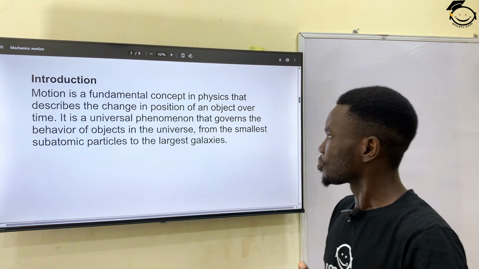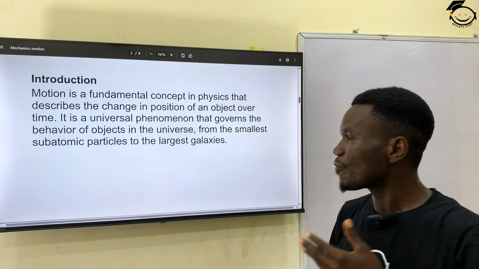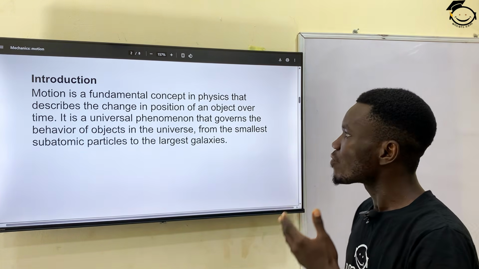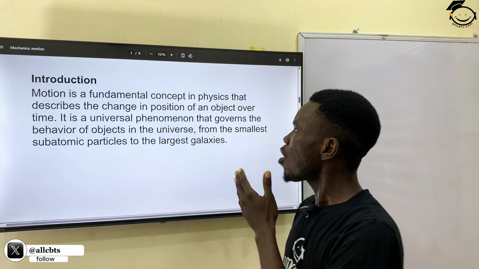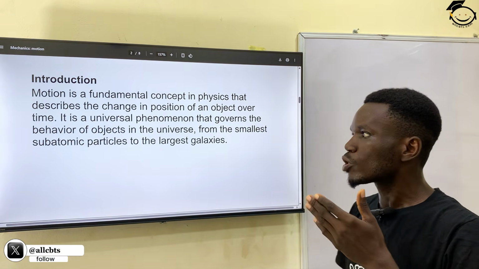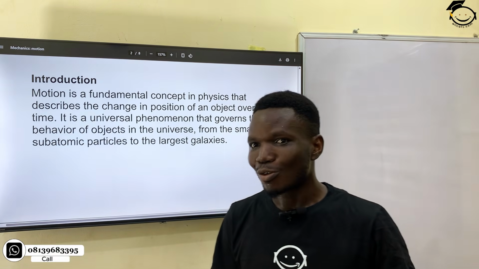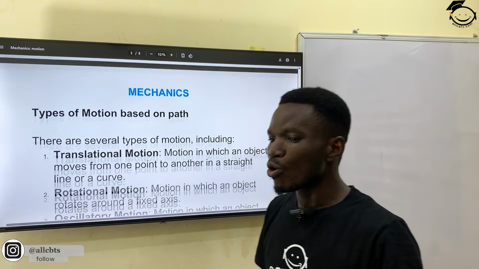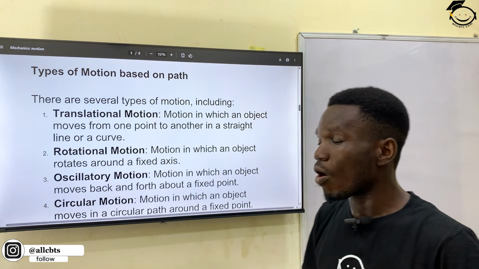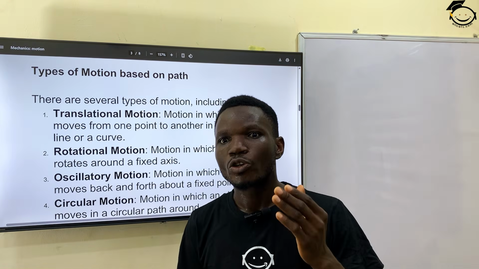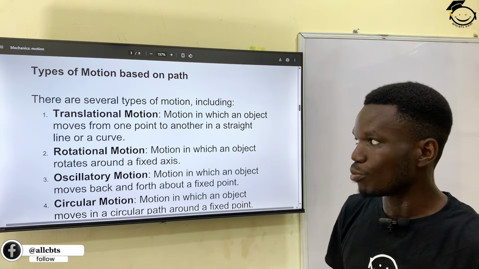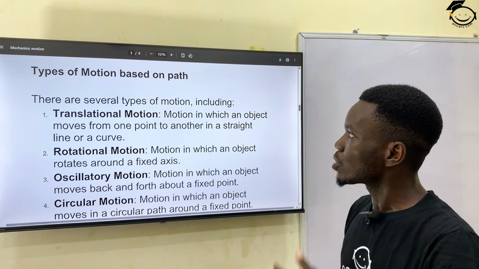Also, it is a universal phenomenon that governs the behavior of objects in the universe, from the smallest subatomic particles down to the largest galaxies. So when we talk about motion, it has to do with a whole lot of aspects of human and natural phenomena.